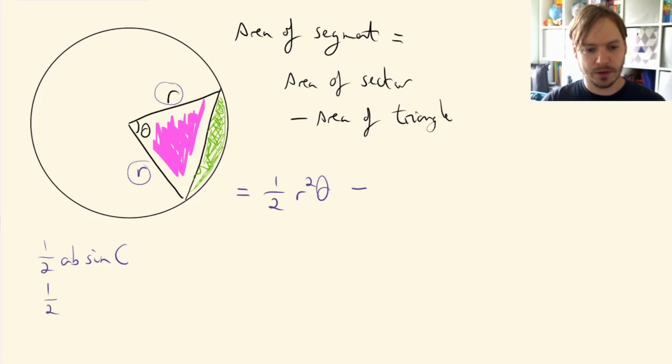So what we end up with is half r squared sine C, C is theta. So this particular triangle has an area of half r squared sine theta.